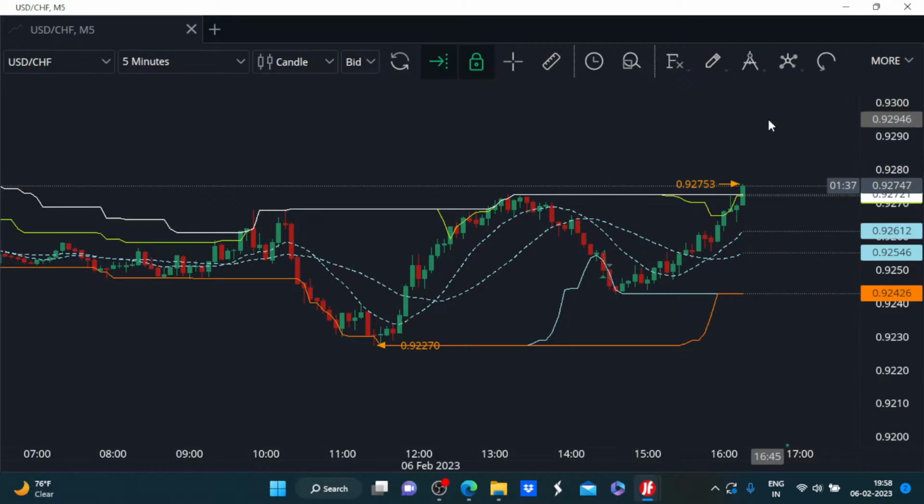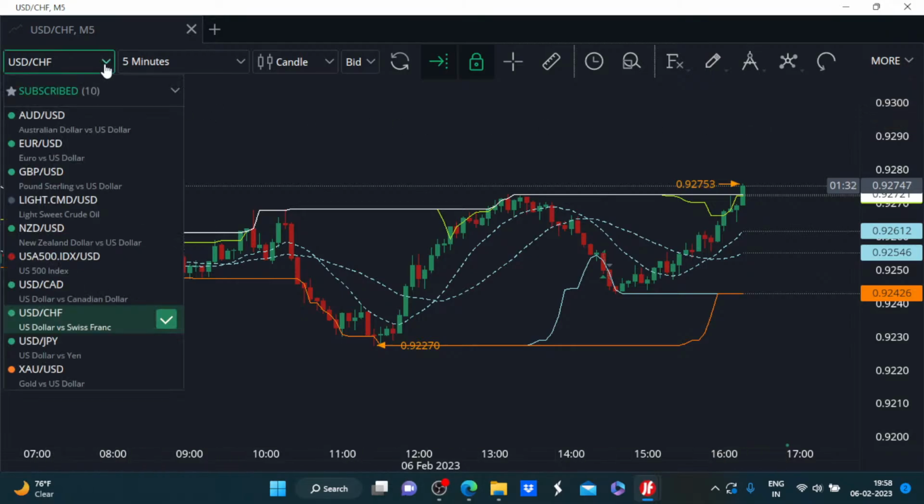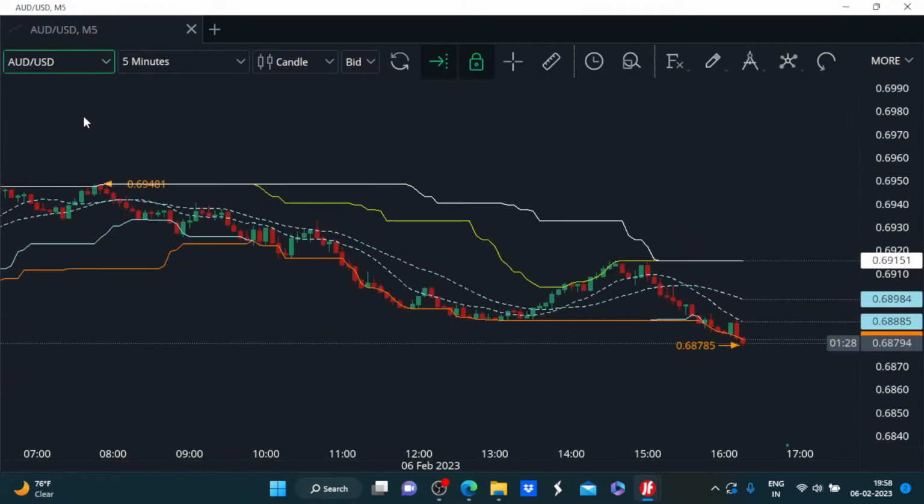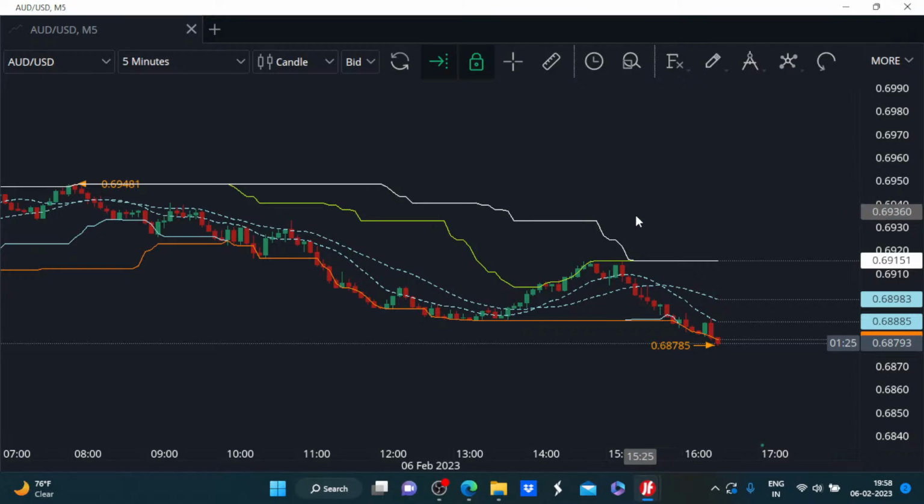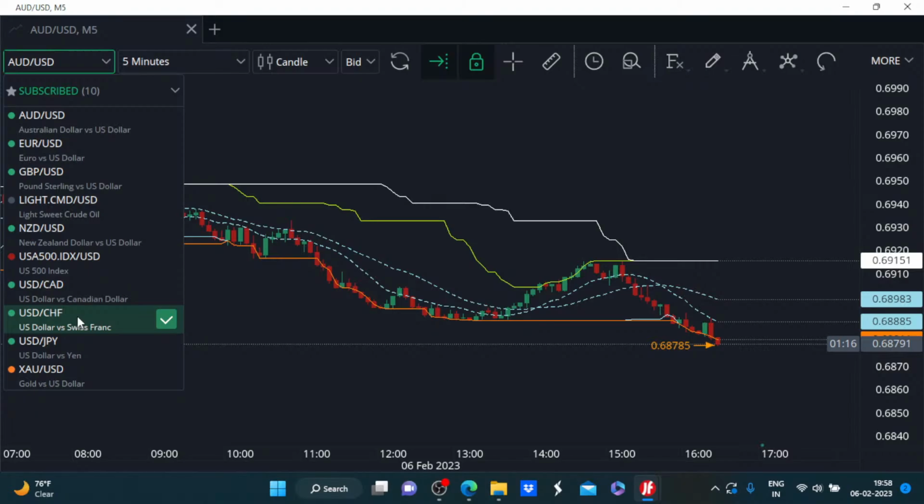So that possibility is there for the USD CHF, but apparently it is not the best choice, as we have the AUD USD as the leader of the pack with this strong move pushing it lower and lower, and it is substantially lower compared to the immediate swing low. So we still have the AUD as the best bet for shorting, while keeping the option of GBP open if we see further signs of changing sentiments.